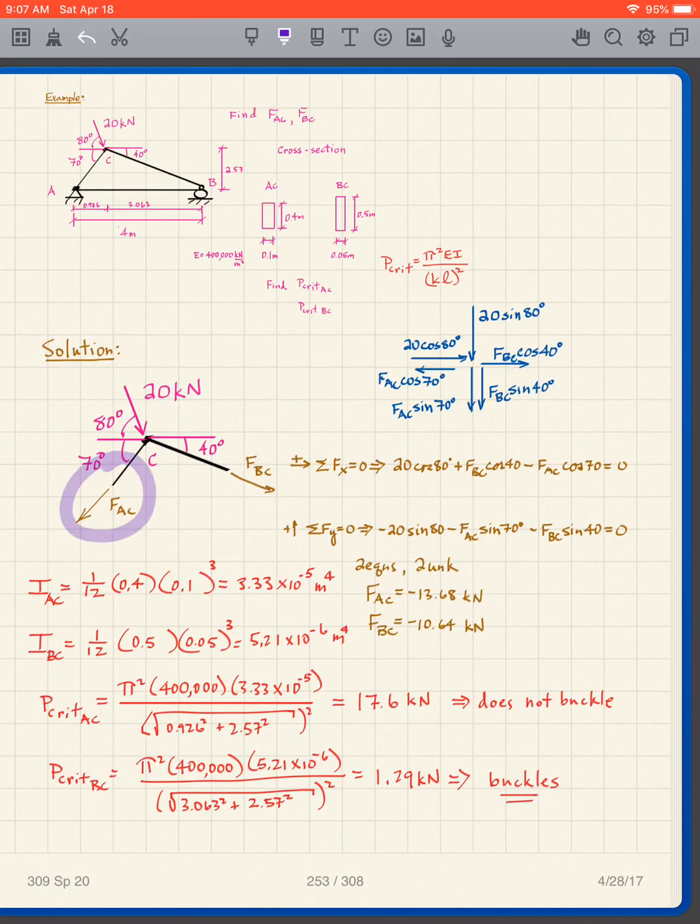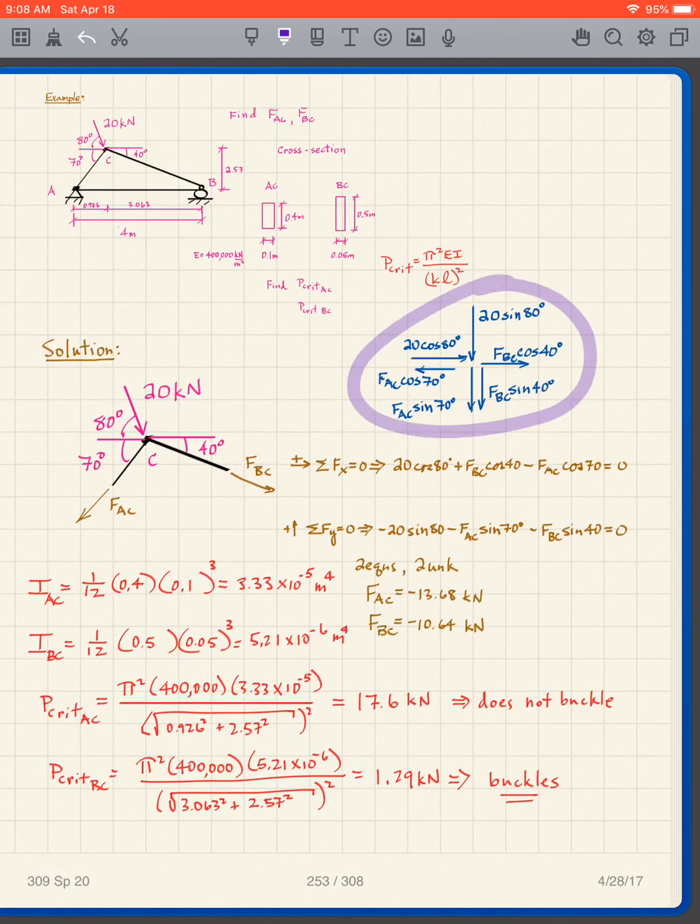This is downward to the left, so I have FAC cosine 70 to the left, FAC sine 70 downward. This is downward to the right, so I've got FBC sine 40 downward, FBC cosine 40 to the right. And I have 20 sine 80 downward, 20 cosine 80 to the right.